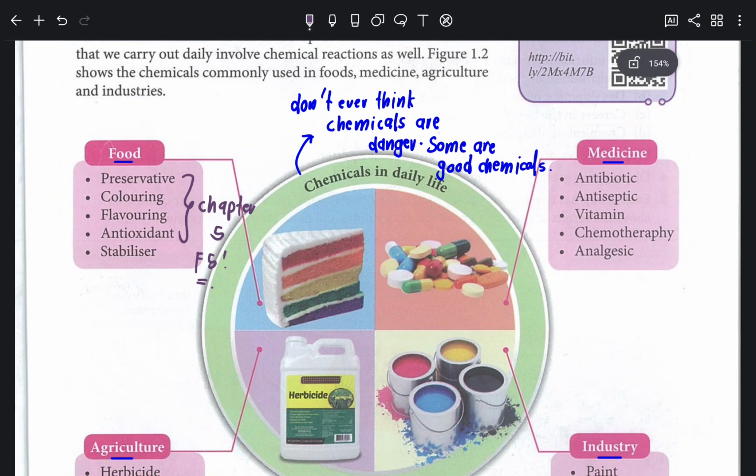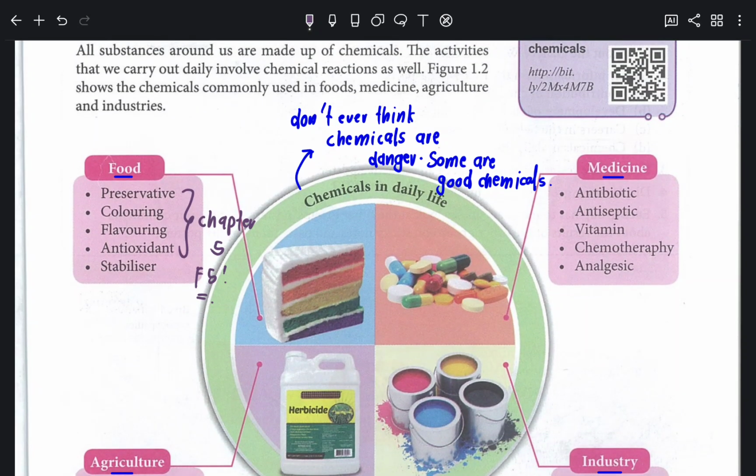Medicine is very easy to remember. Antibiotic, antiseptic, vitamin, chemotherapy. Chemotherapy is a therapy used to treat cancer patients. Sometimes they use that to treat patients with immune disorders. Also they use analgesic, which is a type of medicine. Okay, you can see in chapter 5 form 5 also, because you will be learning everything later.